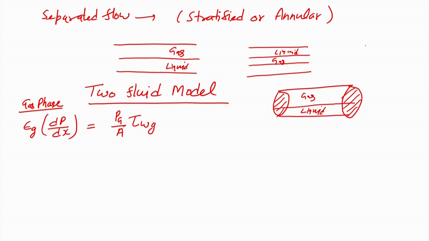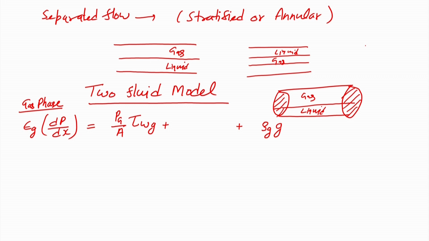Pg is the perimeter which is occupied by the gas, A is the cross sectional area, and tau Wg is the wall shear stress. Then I am leaving space for one term here; we will discuss it later. Then we will write it for the gravitational. Gravitational will be rho g into g.